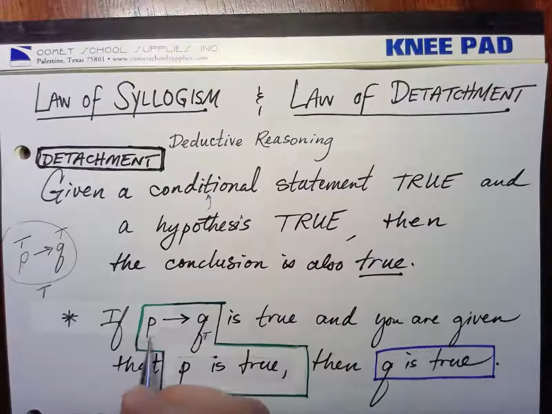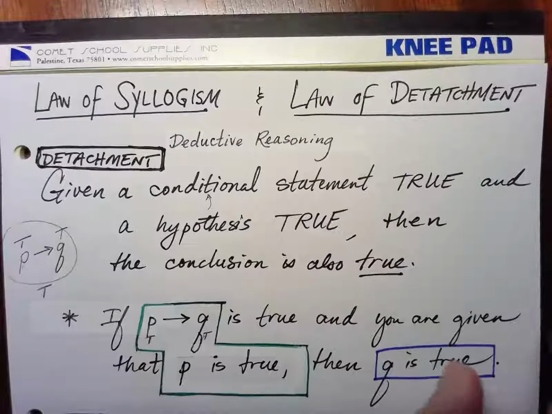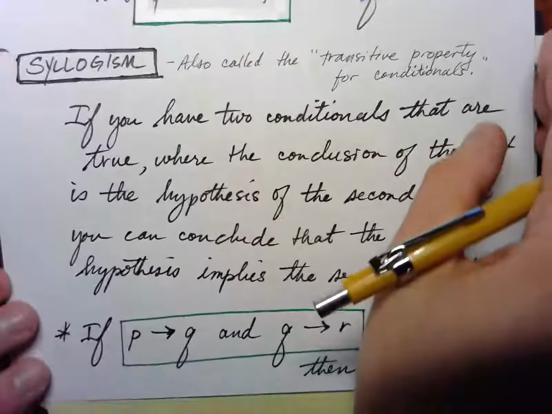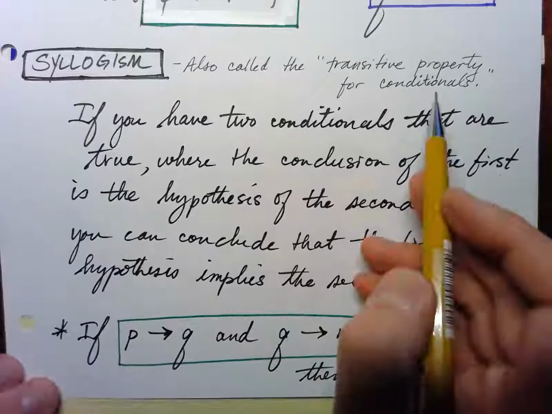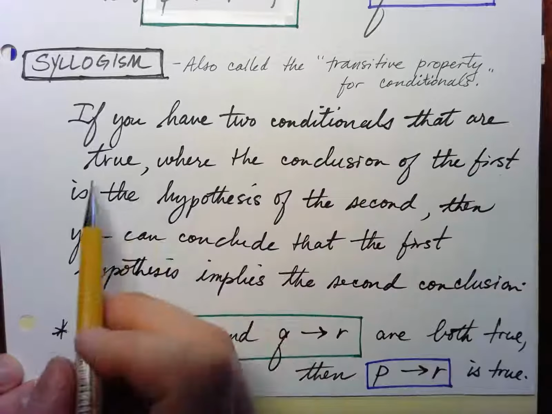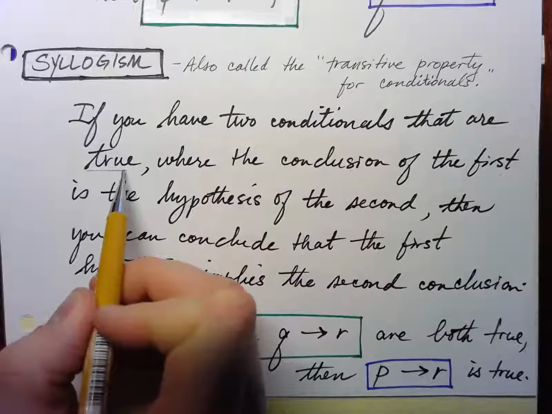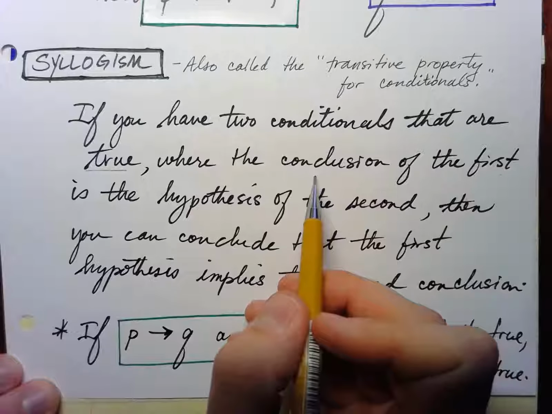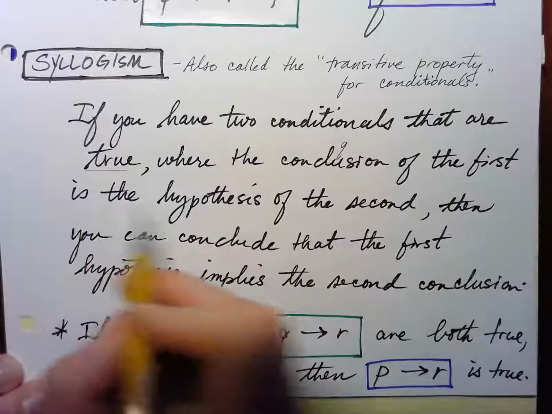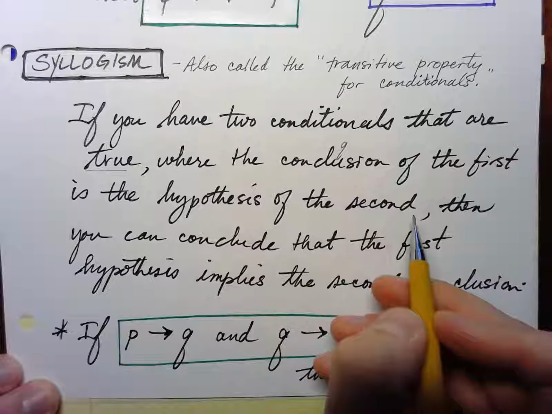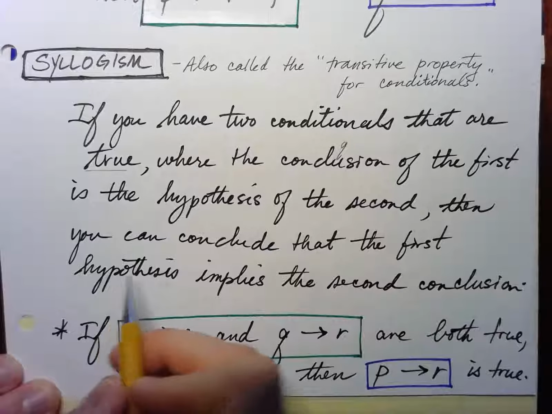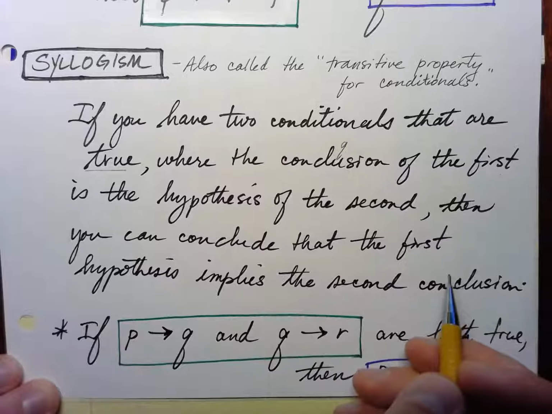That's what we can conclude. They're both true. The law of syllogism, which is also called the transitive property for conditionals, says that if you have two conditionals that are both true, where the conclusion, or rather the Q, of the first is the hypothesis of the second, then you can conclude that the first hypothesis implies the second conclusion.